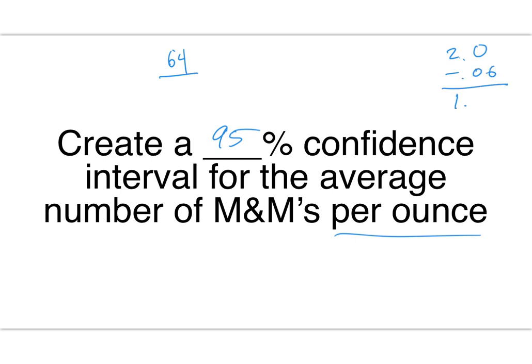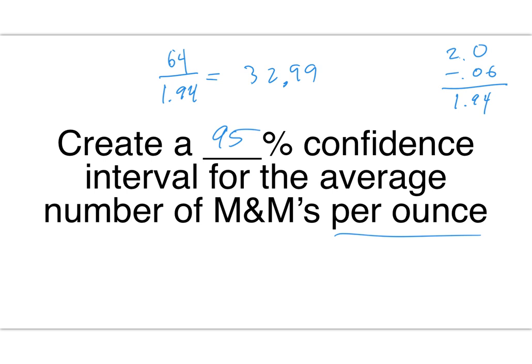So yours was 1.94 ounces. So then you're going to calculate 64 divided by 1.94, and we're going to go to the nearest hundredth. 32.99.